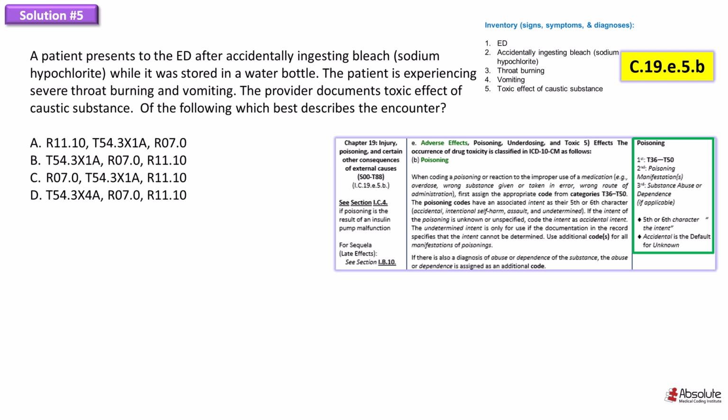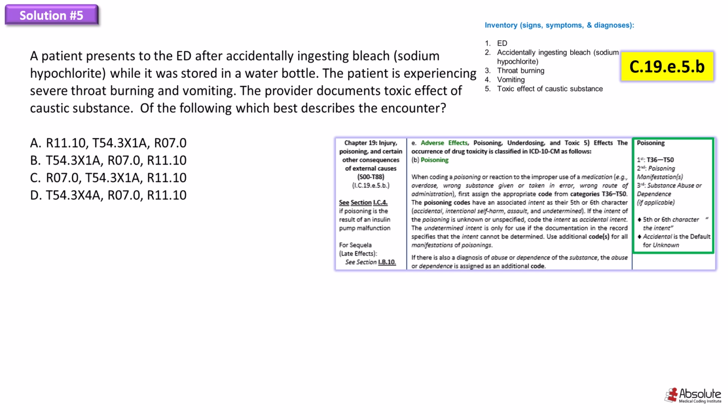We know it's a poisoning because we've determined that in the index, right? Okay, so when you have a poisoning, you're going to sequence first your T code, followed by your manifestations. Basically, what happened? What are your diagnoses that result from this poisoning? If we are going to follow and trust this guidance, then we're going to trust the sequencing order.